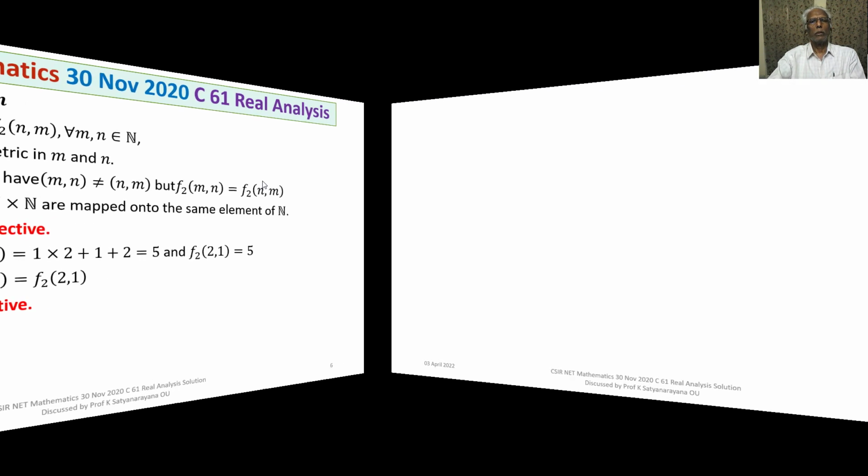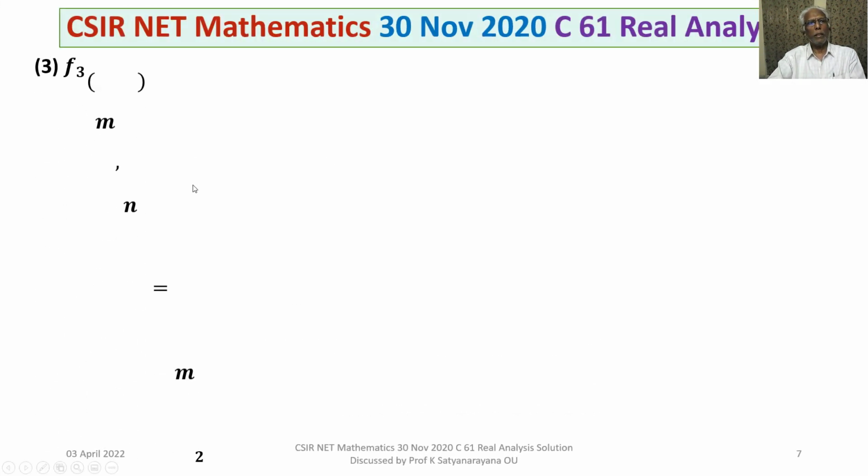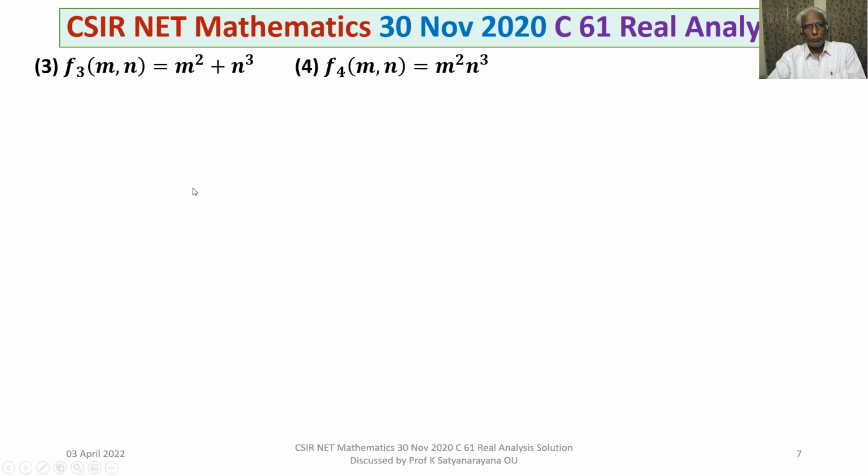Let's now go to options 3 and 4. Under option 3, f3 of m comma n is equal to m square plus n cube. Under option 4, f4 of m comma n is equal to m square into n cube.